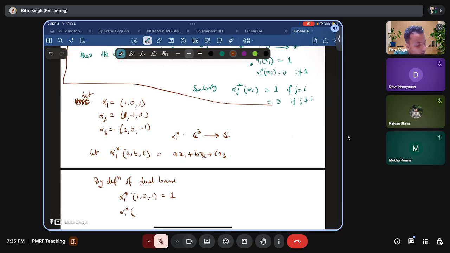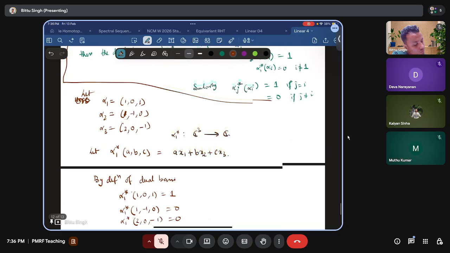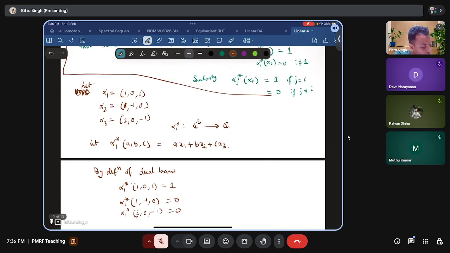For example, alpha 1 star applied on alpha 2, which is (1, minus 1, 0), is 0. Alpha 1 star at alpha 3, (2, 0, minus 1), is also 0.